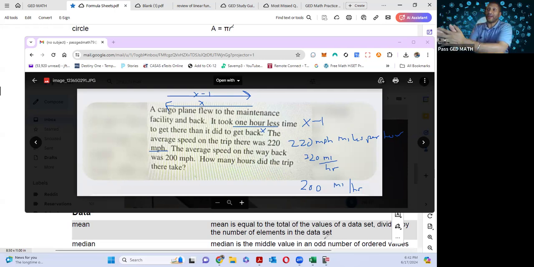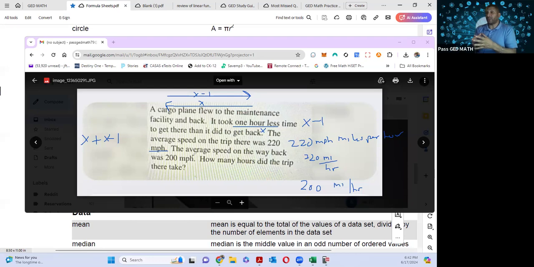First of all, here, they're not telling you anything. So what you would do is you would say, okay, X plus X minus 1, right? That's how many hours it would be. The averages are 220 and 200, miles per hour.